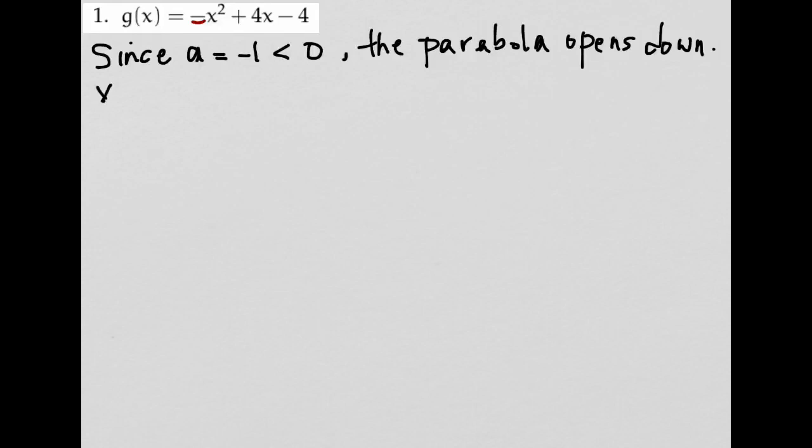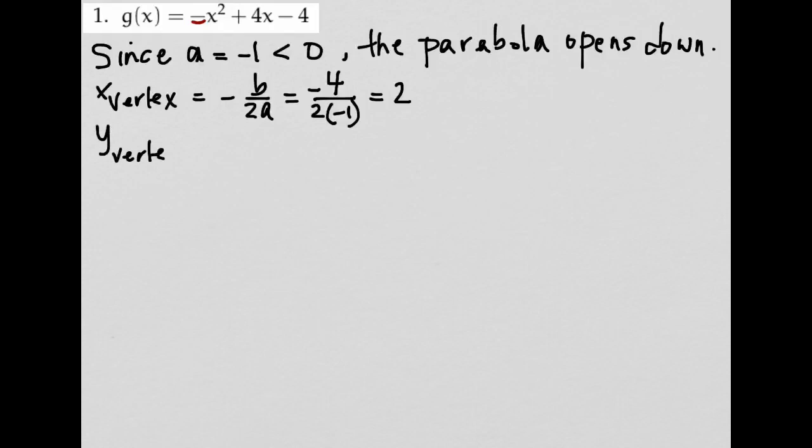The x-coordinate of the vertex is minus b over 2a, that is minus 4 over 2 times negative 1, which is equal to 2. The y-coordinate of the vertex is g of minus b over 2a, which we found to be 2.